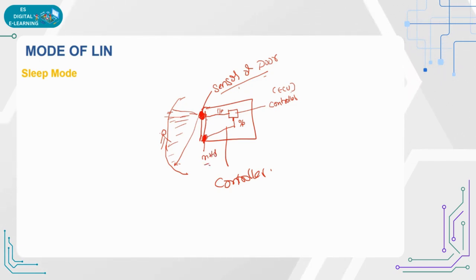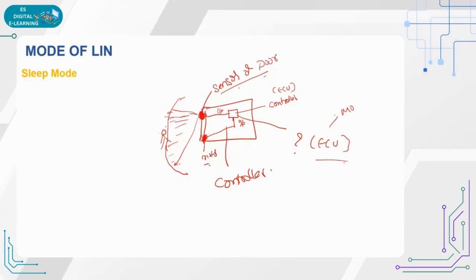During the time when there is no person, what is my controller, my ECU, doing? Is it in sleep mode or working mode? How can we know that? This is very essential. Whenever something is not communicating, the controllers will be in sleep mode.